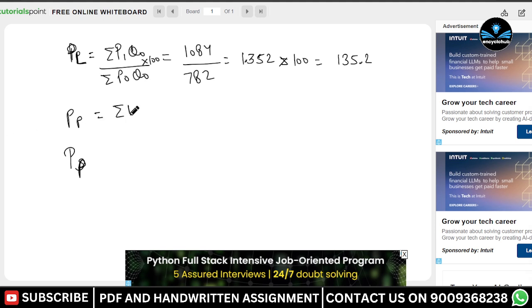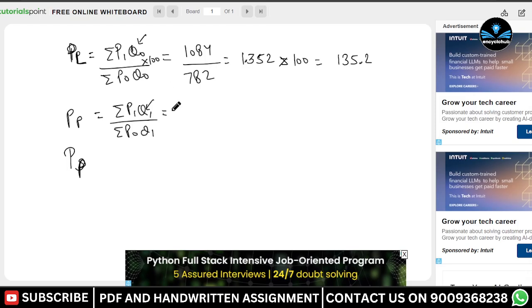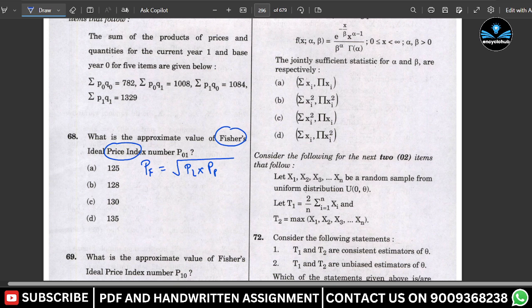For Paasche the formula is P1 Q1 upon P0 Q1. In this one, the base is the base index, and this is the current price index, current quantity index. P1 Q1 is 1329, upon P0 Q1, which is 1008.